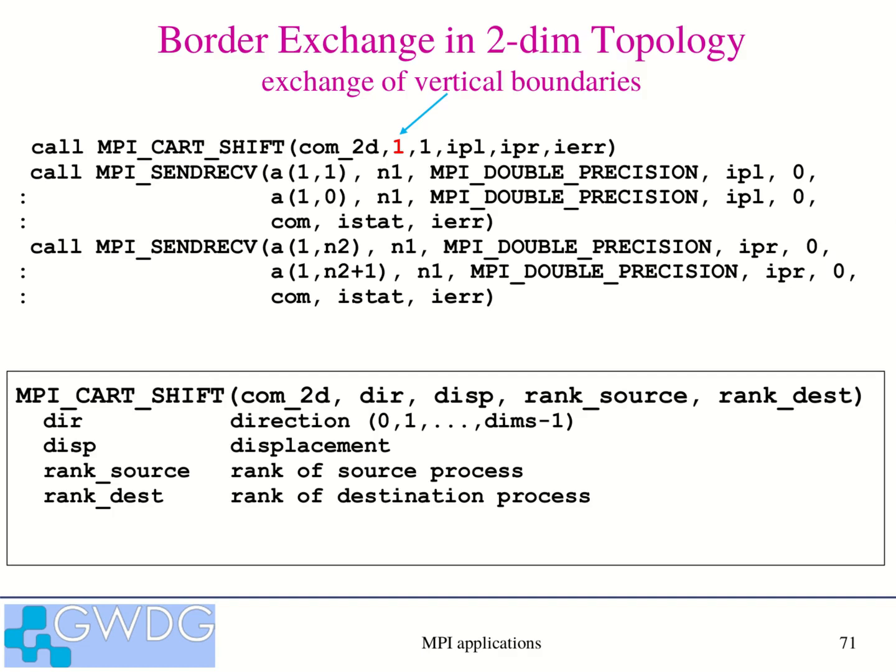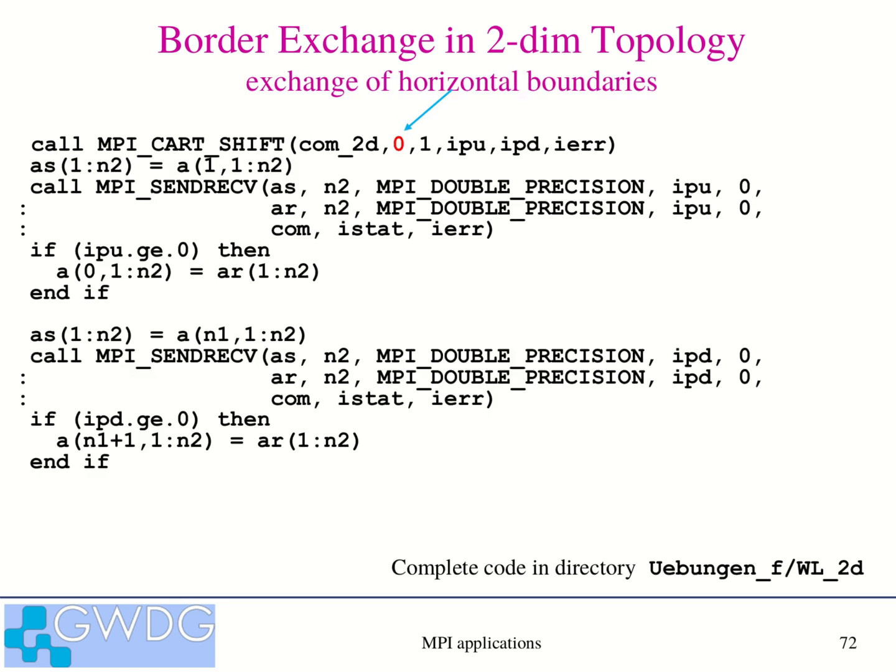And then it's a shift with 1 unit, so it's the direct neighbor in this direction. The shift function returns just the ranks of the neighboring processors in this two-dimensional grid, the lower and the upper. It should be the lower and the upper. Let me see whether I did it correctly here.